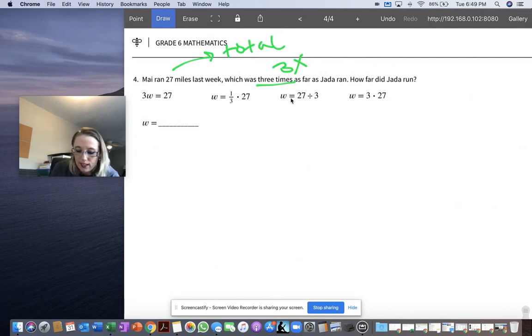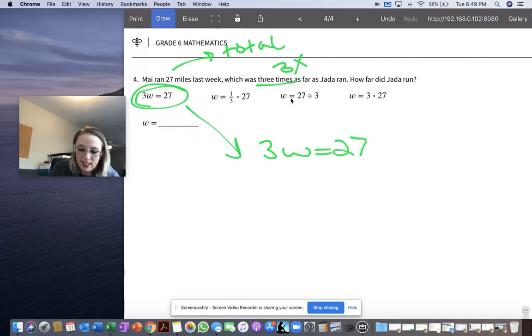So this is your first equation that's going to match because it literally read that way in the problem. And those are the easiest ones to look for. So for this one, 3w equals 27. It's held by multiplication. So you divide. w equals 9. So we know our answer is 9.